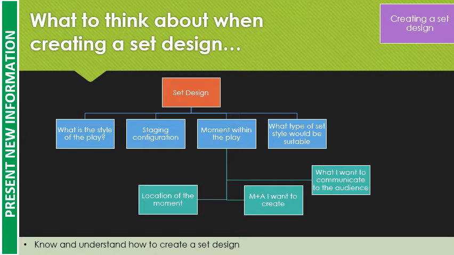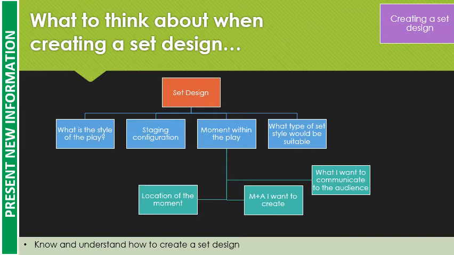What mood and atmosphere do I want to create? Earlier on in this lesson, I spoke a little bit about The Woman in Black and how they created that dark, creepy, eerie mood and atmosphere. And finally, what I want to communicate to the audience. Do you want to communicate to the audience that this is possibly a pontoon where the boys are fishing off?